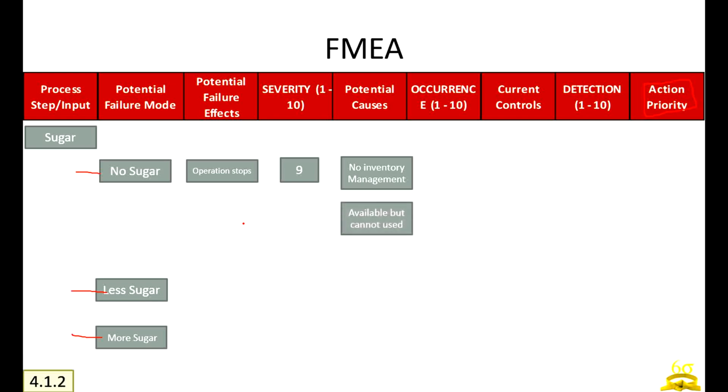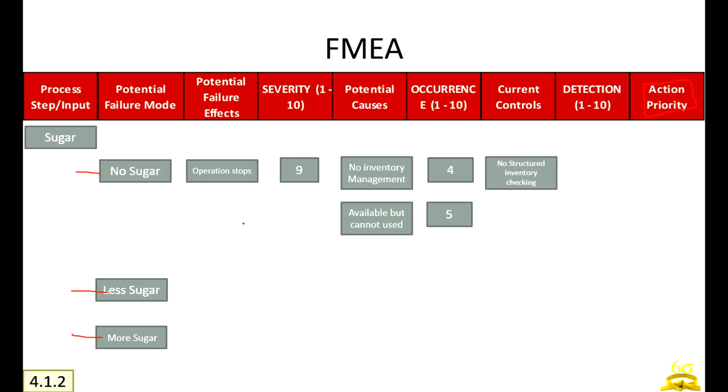Another failure mode can be that sugar is available but cannot be used, which is like no sugar either way. It may be expired on a rainy day or in very cold weather. If the lid is not closed properly or the storage is not done properly, the sugar might get spoiled. The occurrence of this is not that high, it is a little low, so I have assigned 4 and 5 to it.